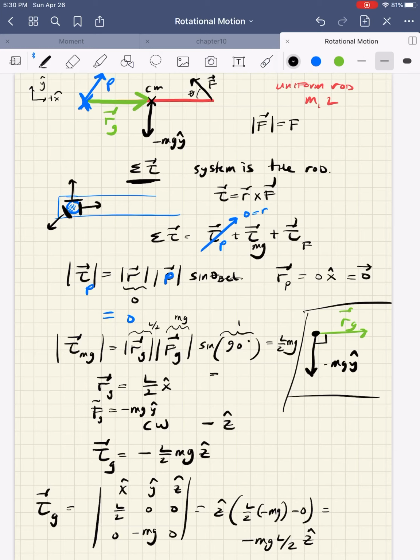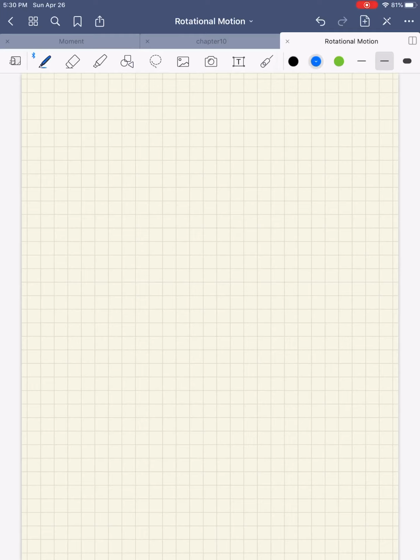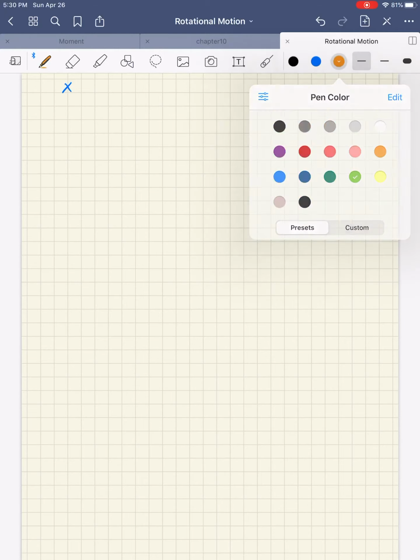Okay, great. That leaves just F force on the end. So here's my rod again, and this is the F force acting on it at angle theta. If I was going to draw my R vector, here it is.